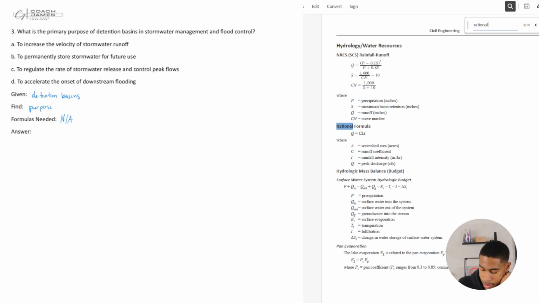So when you think of a detention basin, right? Say you got this road, right? My road, and guess what? I'm about to make this fancy.